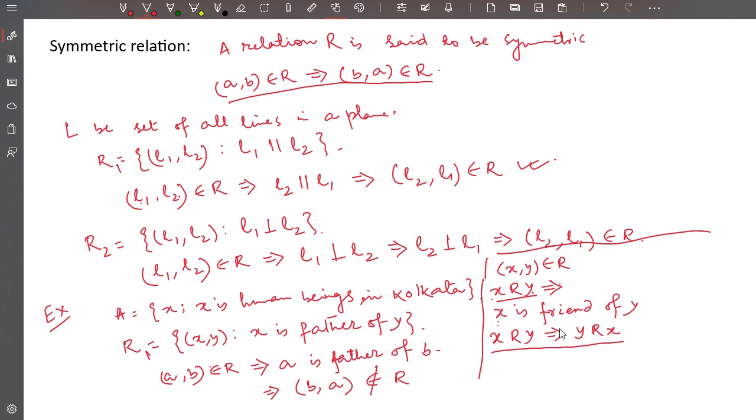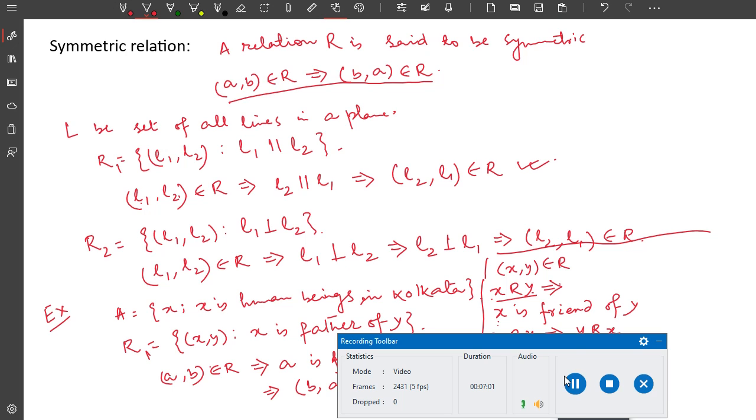What about enmity? X is enemy of Y, Y is an enemy of X. So these are symmetric relations. I hope you understood the topic symmetric.